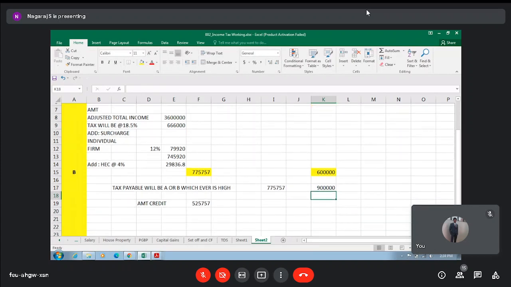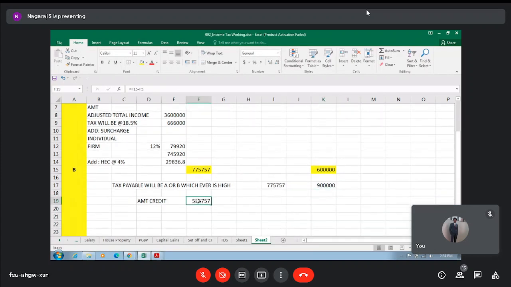But you can claim a deduction of this amount from this. From this amount, you get the deduction of this. But how much can I get the deduction? Can I get the deduction in full or how much?